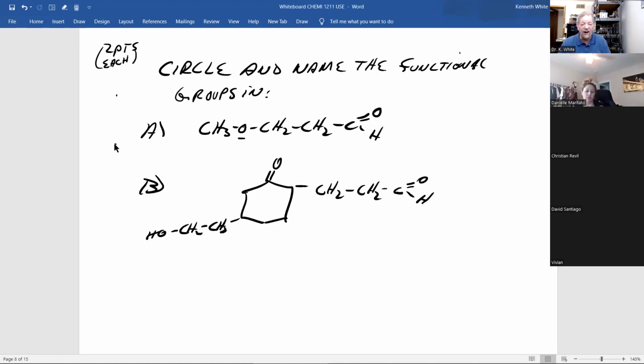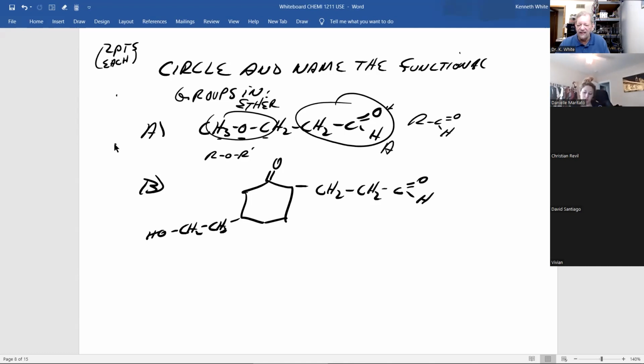If we look, ooh, an oxygen with a carbon here and here. You don't have to write this, but I will. And that's an ether. Ooh, another oxygen. Remember, look for what's different. That's where the fun is. What do we have? Carbon, carbonyl, hydrogen. And what is this? It's an aldehyde. Ooh, and B, hydroxy group on a carbon.